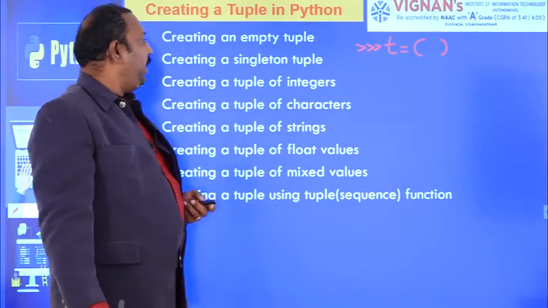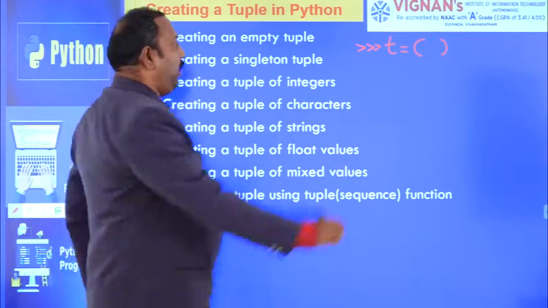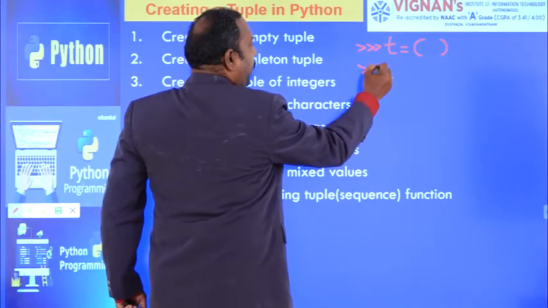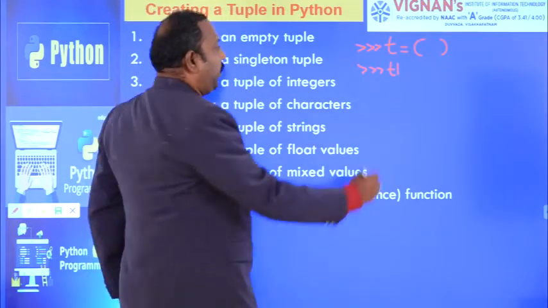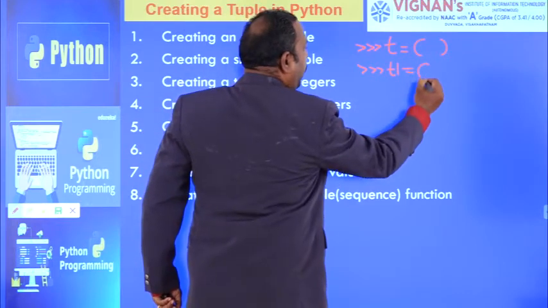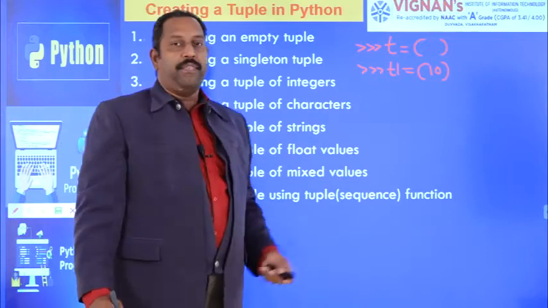Suppose I want to create a singleton tuple. For example, I have written t1 equal to 10. Then what is the data type of t1?